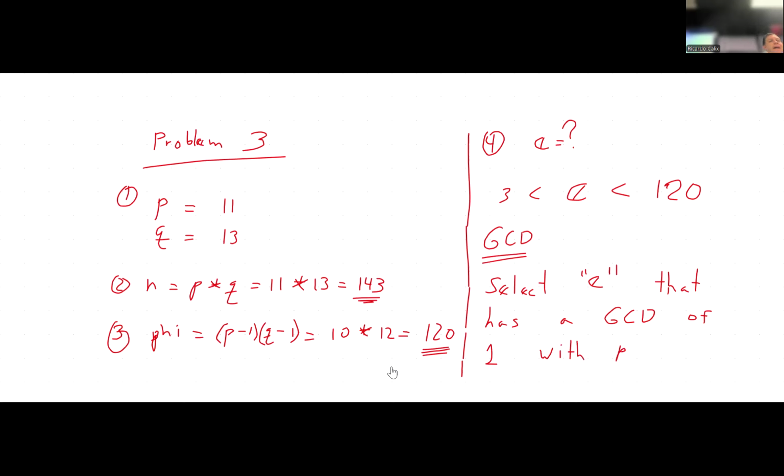All right, so now you have this additional constraint for selecting E. It needs to be within this range, but also the E that you select has a GCD of 1 with phi. Got it? All right, so that's the operation that we need to take a look at now. And you guys can help me out to solve this problem.